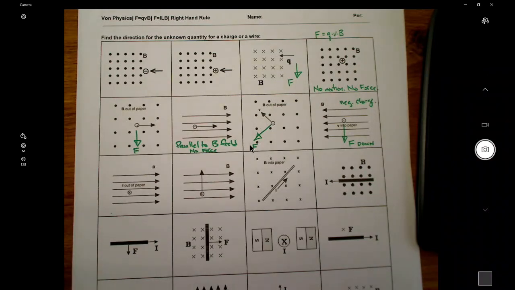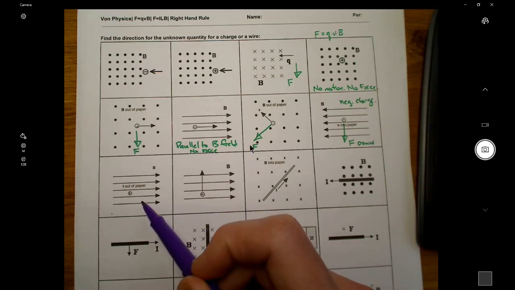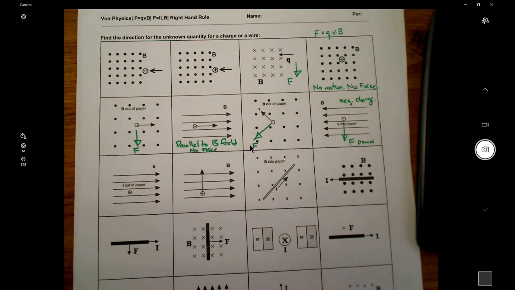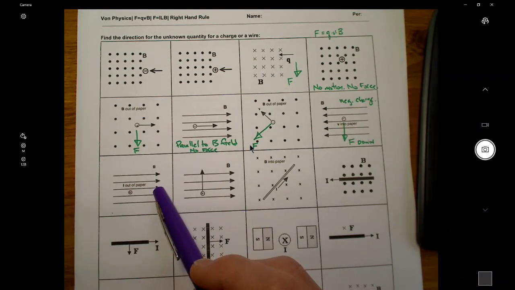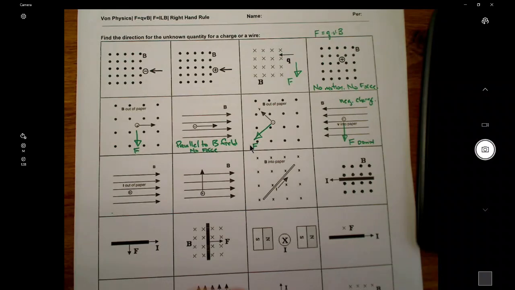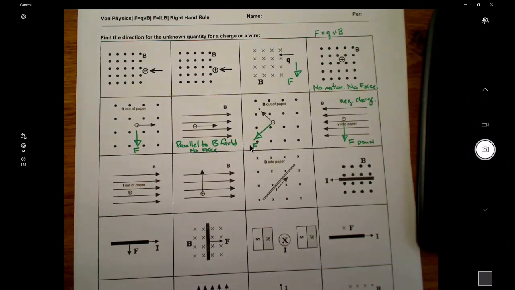Let's take a look at this next row of problems and see how we can use the right-hand rule. In this problem, the current I is coming out of the paper, and the magnetic field is going to the right.